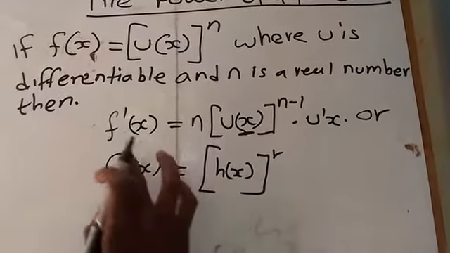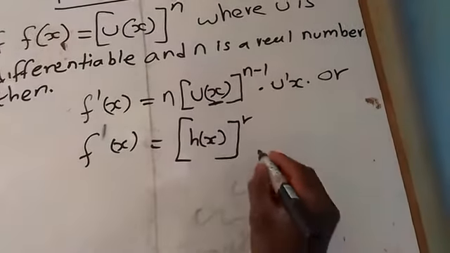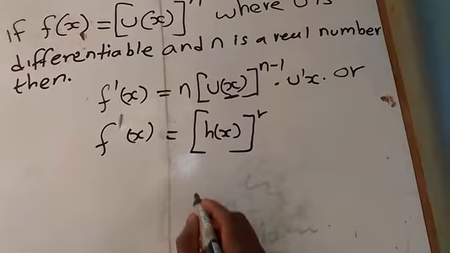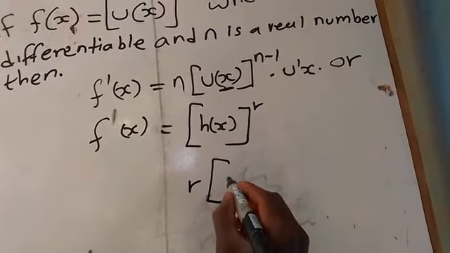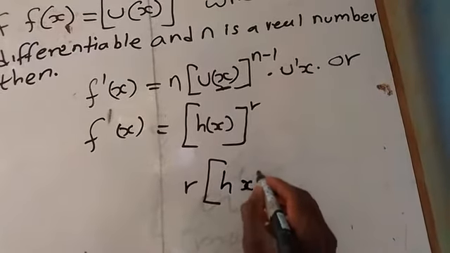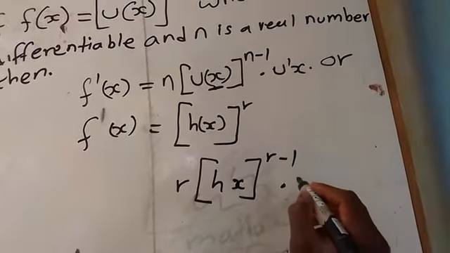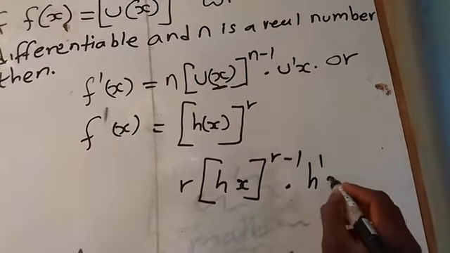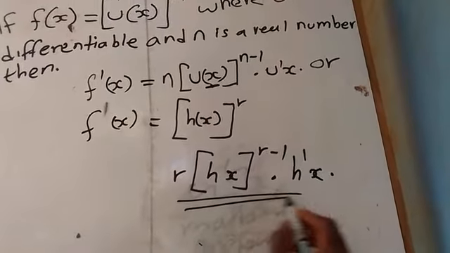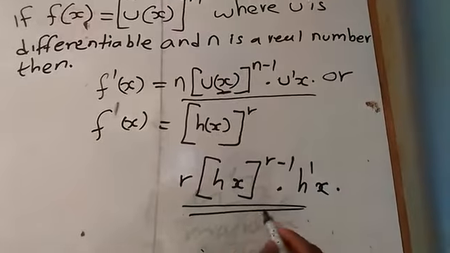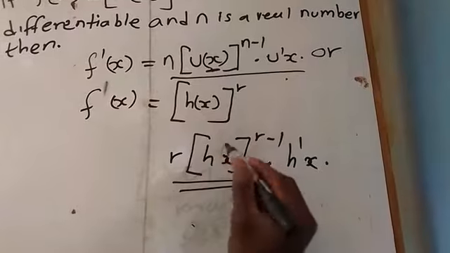When we differentiate this, it will be r into h of x raised to r minus 1 multiplied by h prime of x. These are the equations that we might use. This is the same as the previous one, only that the values are varied.